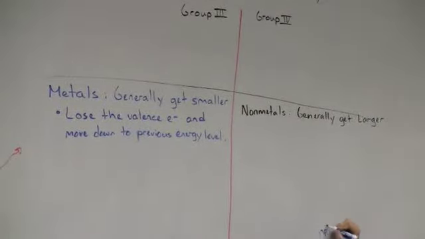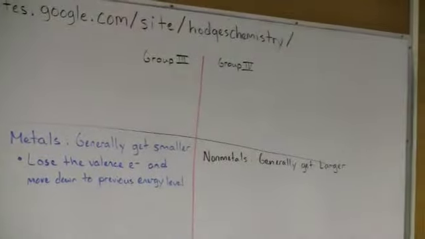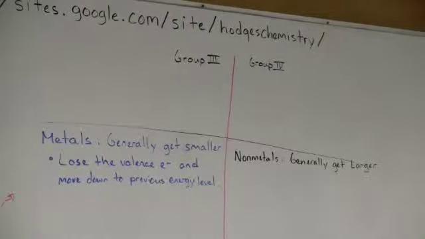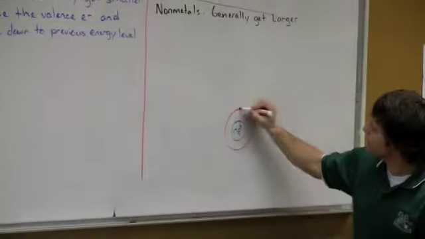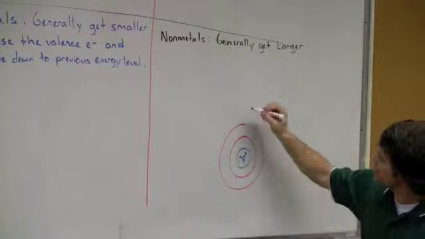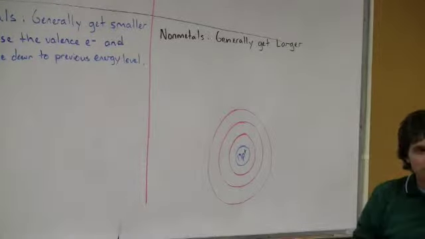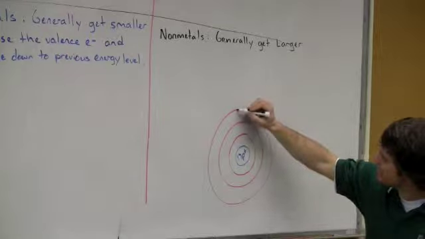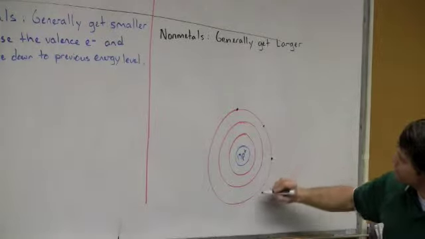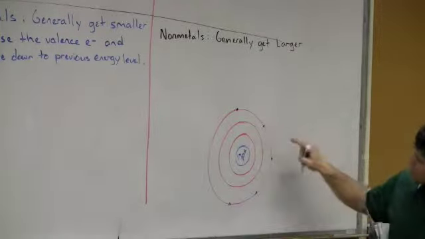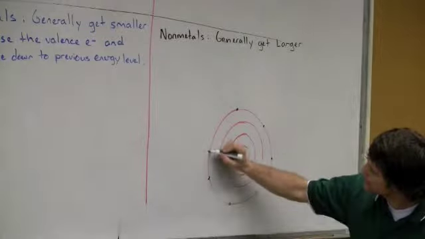So we're going to deal with chlorine, number 17. Chlorine has 3 energy levels, just like sodium does. But what's more important about chlorine is the outermost level, where there are 7 electrons: 1, 2, 3, 4, 5, 6, 7.